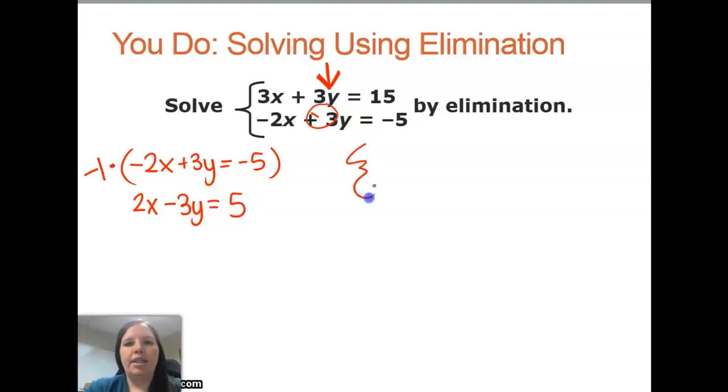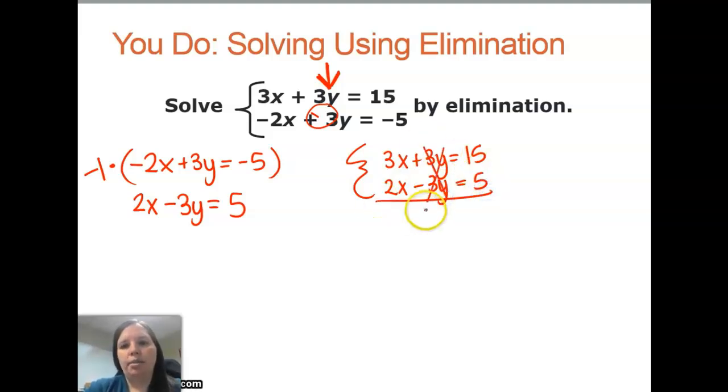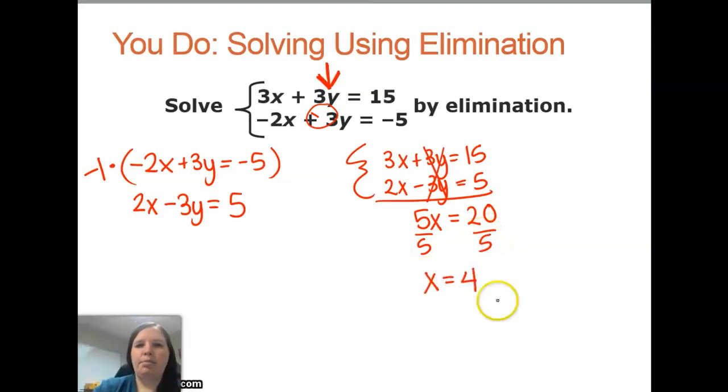So now my system says 3x plus 3y equals 15 and 2x minus 3y equals 5. So now my y's are going to eliminate when I add the two equations together. So 5x equals 20. Divide by 5, my x value is 4. I'm going to plug that back into one of my equations.